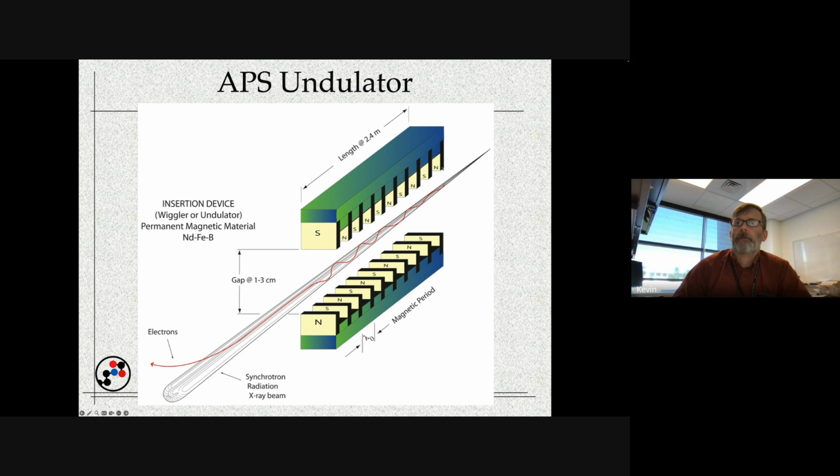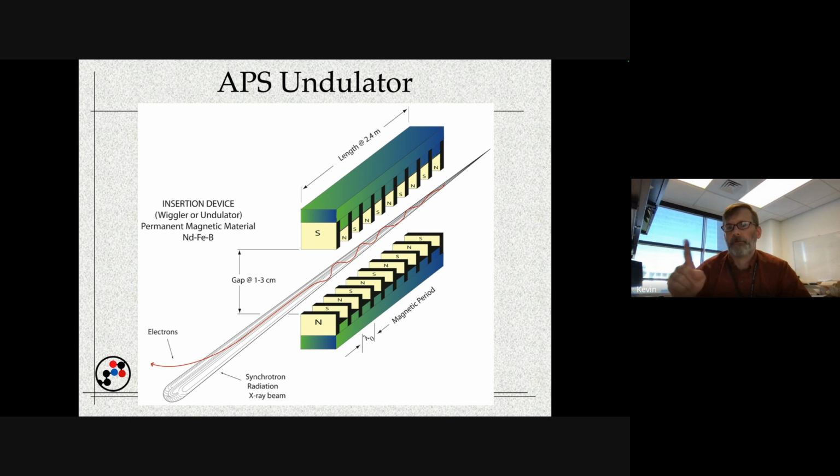You get opposite magnets in this large array, and you get the beam moving side to side, or wiggling. Hence the other name for one of these things, a wiggler.